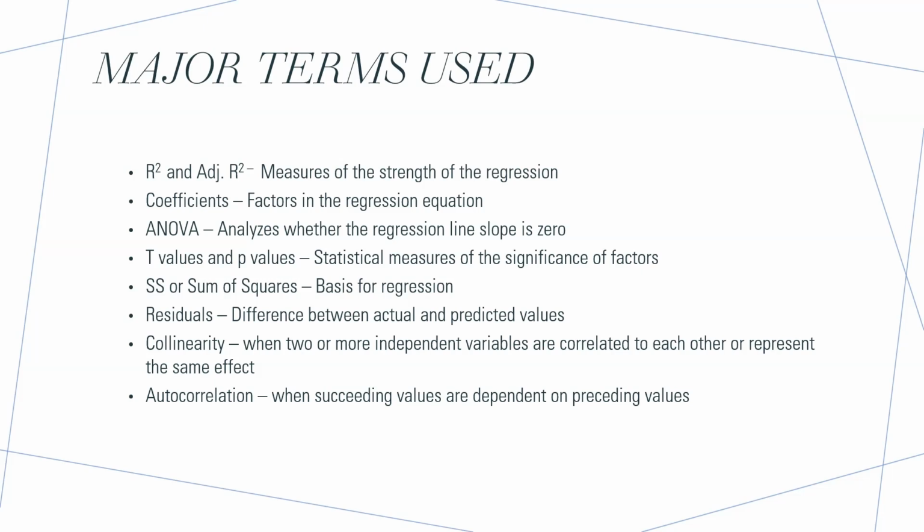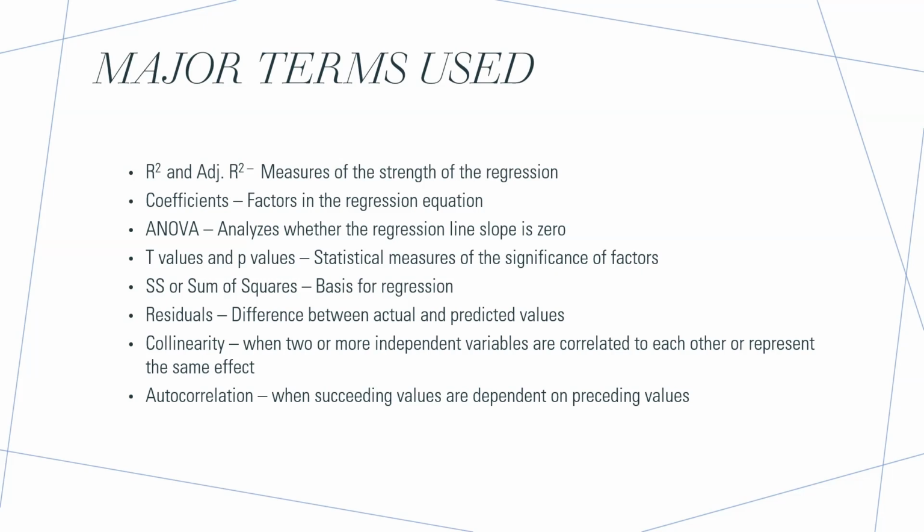In other words, no relationship whatsoever. T-values and P-values, those are statistical measures of the significance of the coefficients for the factors. SS, or sum of squares, that's one of the bases for regression and many other statistical tests for that matter.